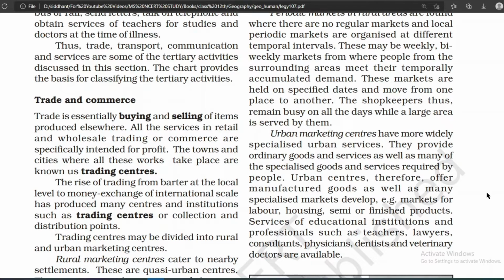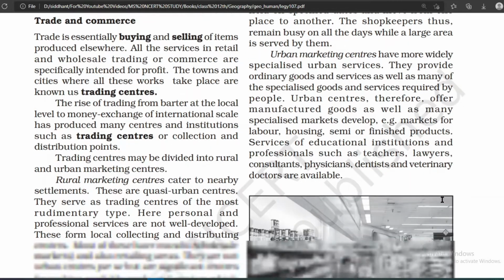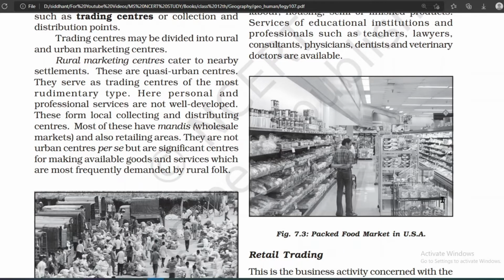Trading centers may be divided into rural and urban marketing sectors. Rural marketing centers cater to nearby settlements. These are quasi-urban centers. They serve as trading centers of the most rudimentary type. Here, personal and professional services are not well developed.